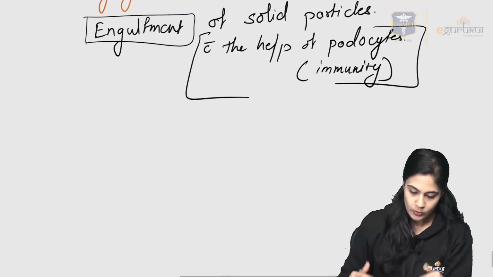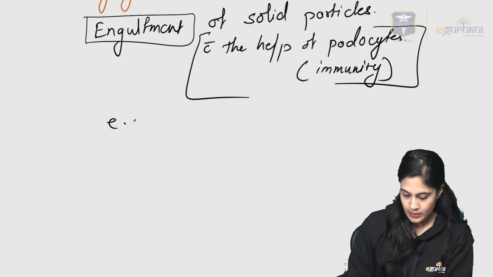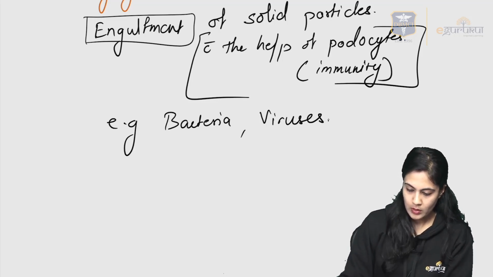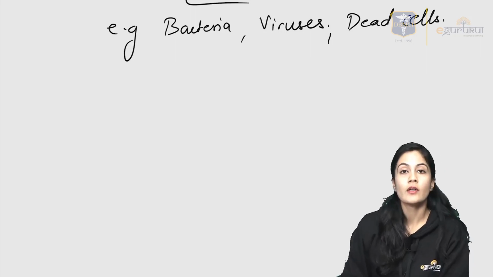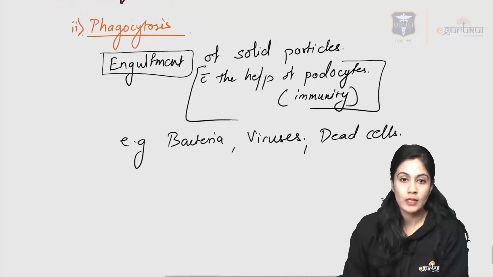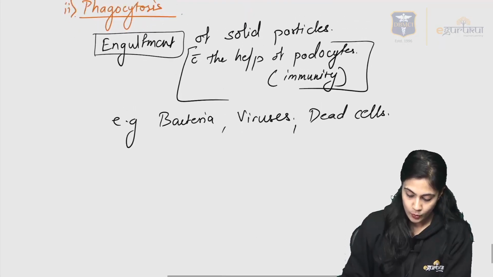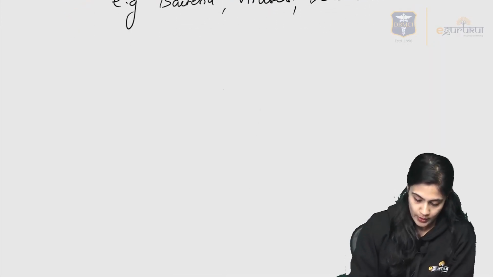So, moving on to the examples, we already discussed that the examples are bacteria, viruses, the dead cells, which also get phagocytosed, okay. So, not only bacteria and viruses, but the dead cells or the debris also get phagocytosed, right.